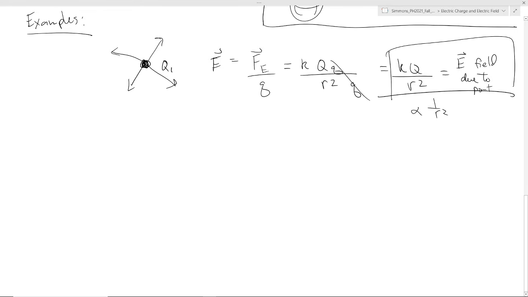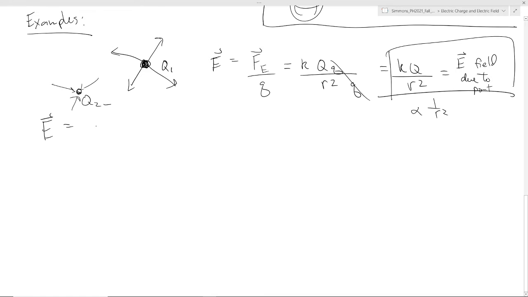Now, a powerful thing with this is that we can use superposition just like we would with the force. So the electric field also obeys the same principle. If you had another charge, you can do the same thing. Suppose Q2 is negative here.